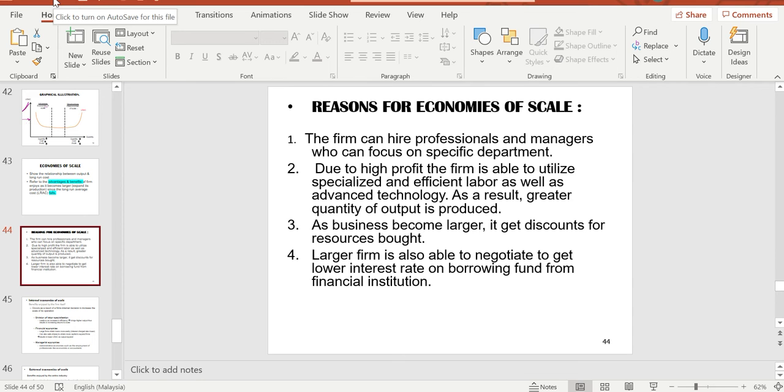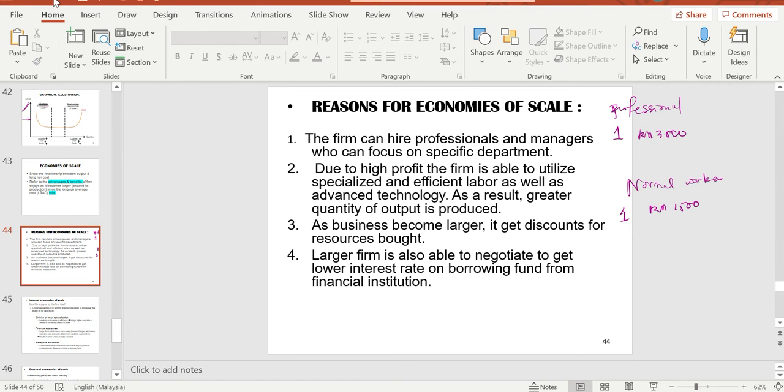So for example kan, seorang professional gaji dia RM3,000. Normal worker gaji dia seorang RM1,500 sahaja, separuh. Sebab ni professional kan.